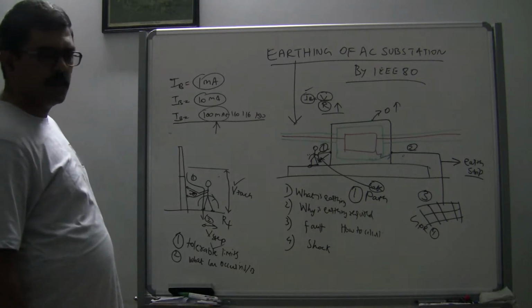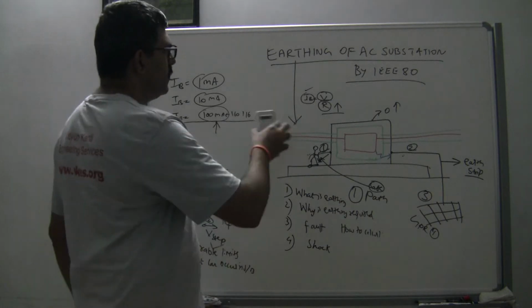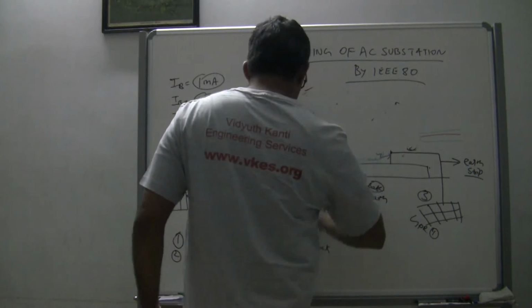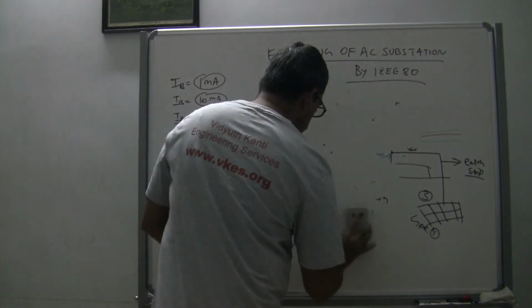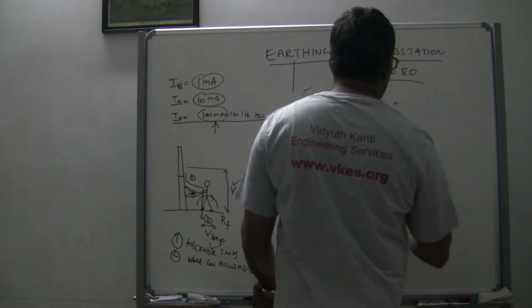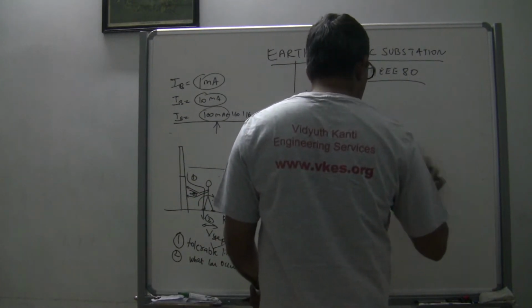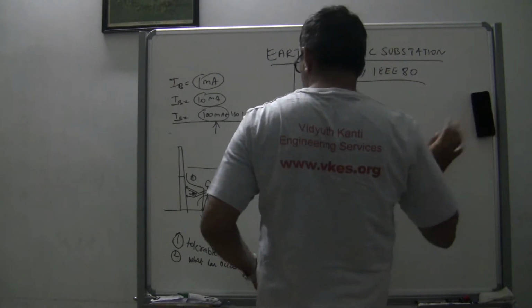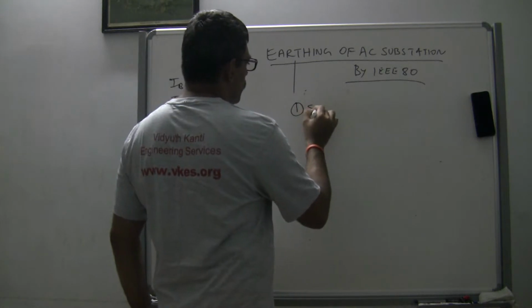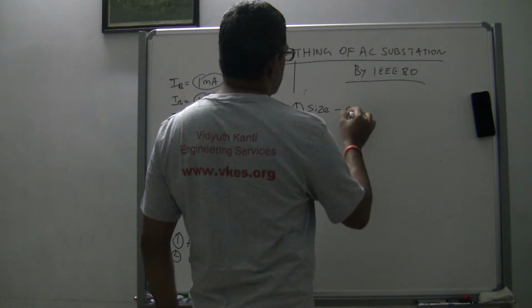So in substation design, there are three things. One is we have to do the sizing of the earth grid.